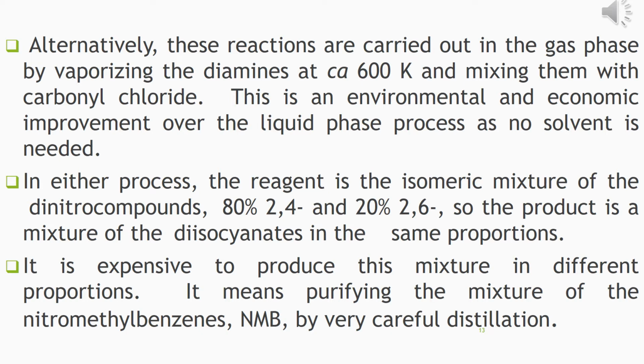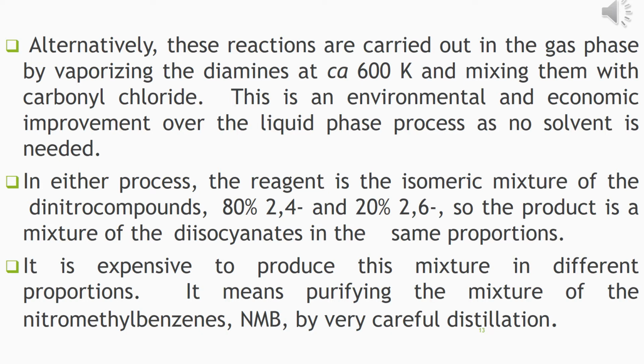Whether we are using the dinitro compounds, 80% 2,4 and 20% 2,6, or the other strategy, in both cases the product is a mixture of the diisocyanates, and the proportion is the same in both processes. So it is expensive to produce this mixture in different proportions.